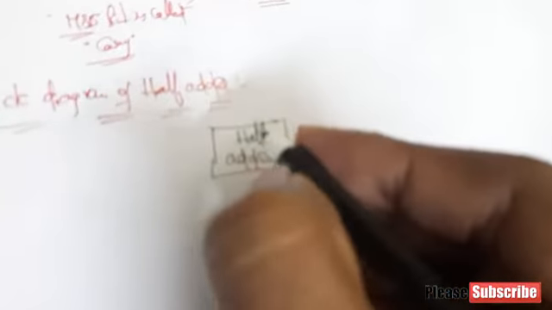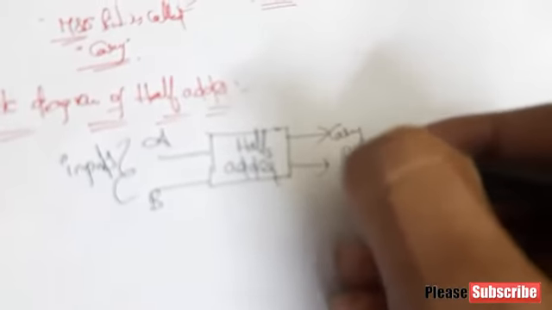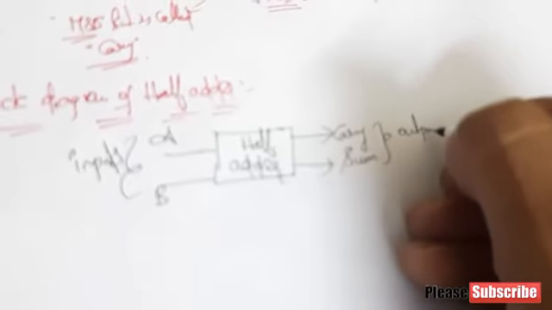This will be the half adder. If you give the inputs as A and B, you will get the outputs as carry and sum.